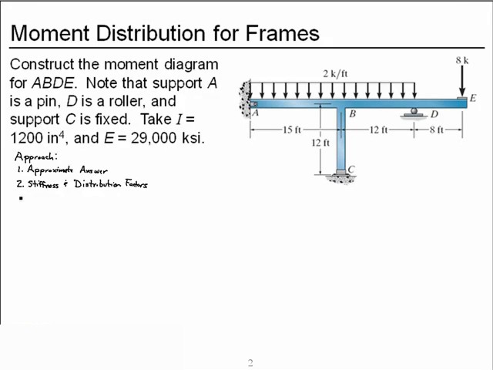And we'll use the modified stiffness factors wherever possible to abbreviate the process. Third step will be to find the fixed end forces, or fixed end moments. Then we'll be ready to apply moment distribution.